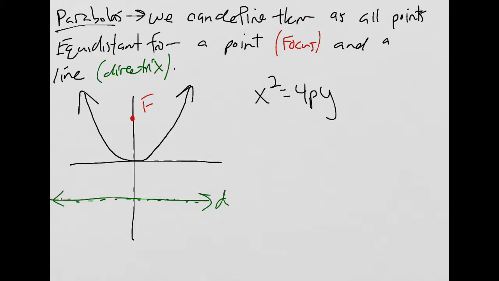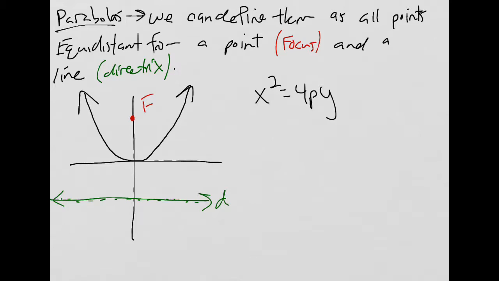Whenever we have a parabola, normally we think of it as y equals x squared something, but I can change the way the equation looks and have x squared equals 4 times p times y. And that helps me figure out the distance from the focus and the directrix.